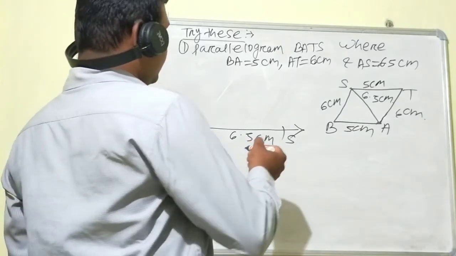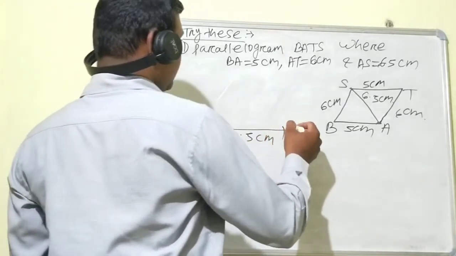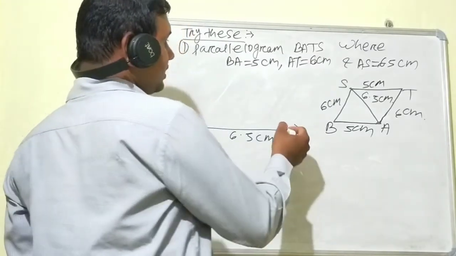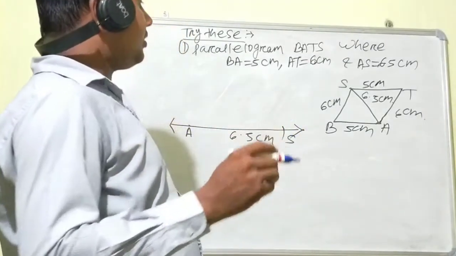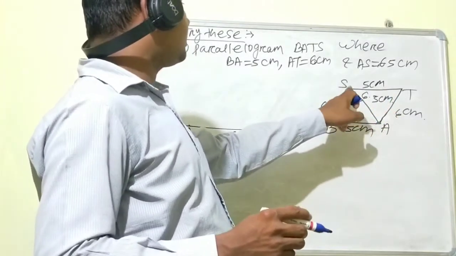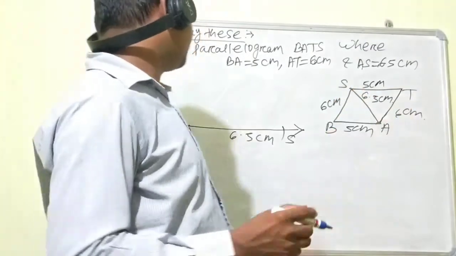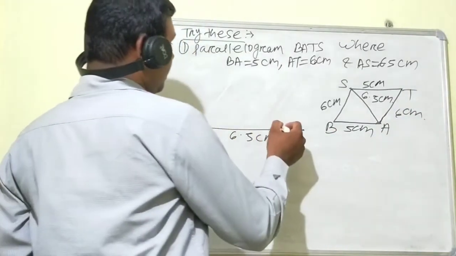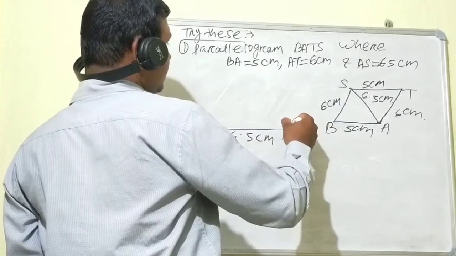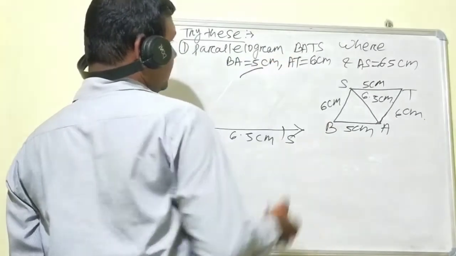So we keep the compass tip at point S and cut an arc.